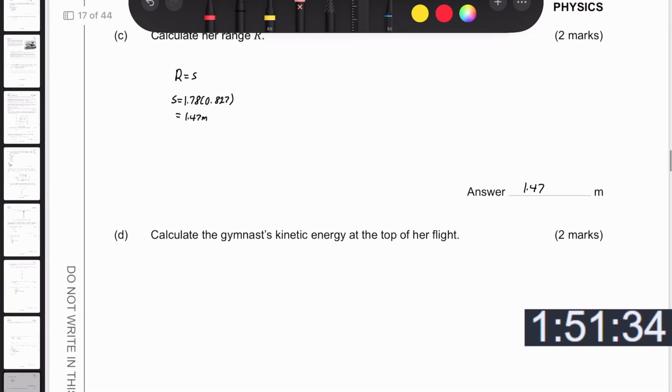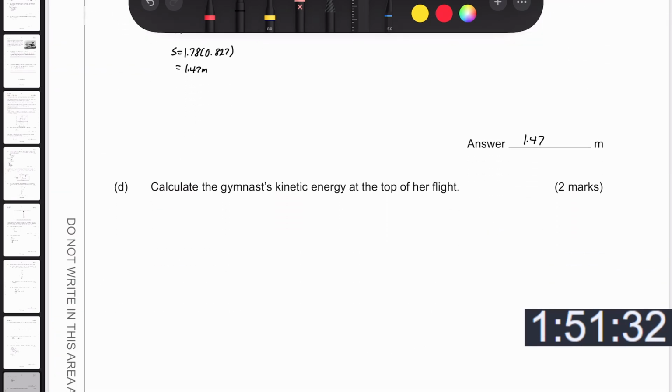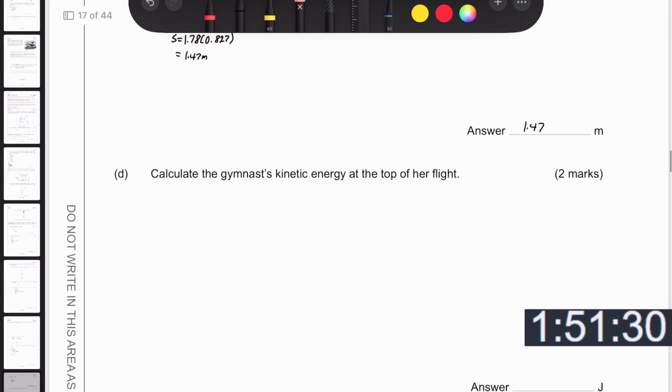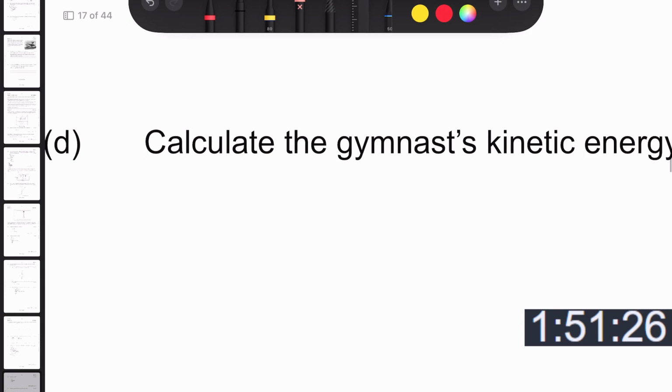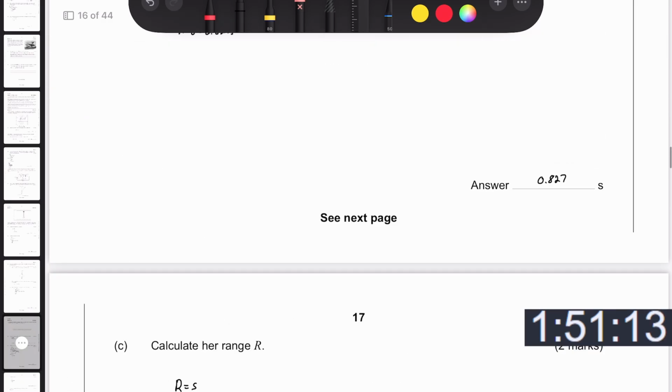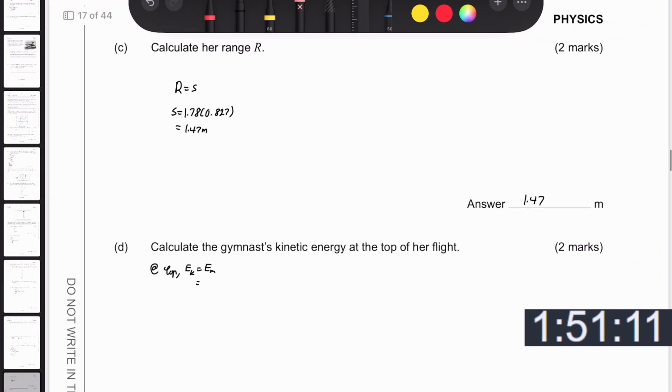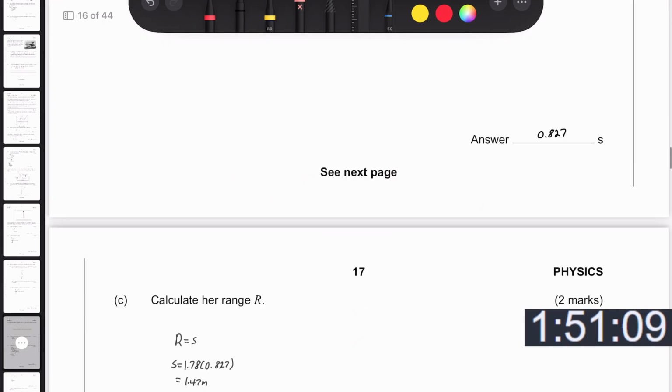1.47. So then calculate the gymnast's kinetic energy at the top of her flight. Kinetic energy at top. So EK is equal to E mechanical, which is equal to, how much does she weigh? 42.5.